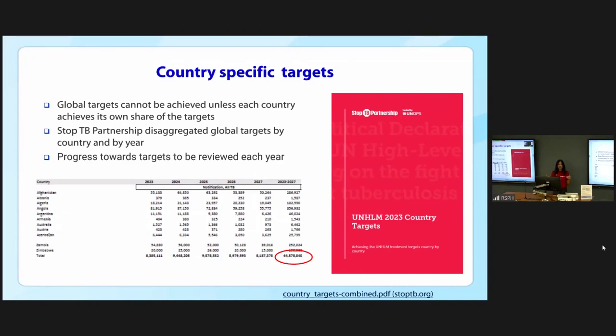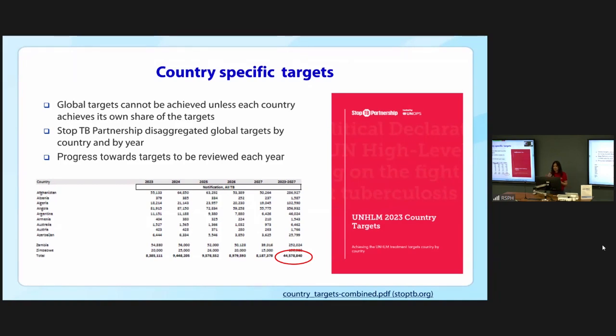It's broken down with country-specific targets that are assigned and split out by year. So it is a team effort. It is the entire world that has to work together to achieve these extremely ambitious targets, and it can't be done unless each country does its part, right?